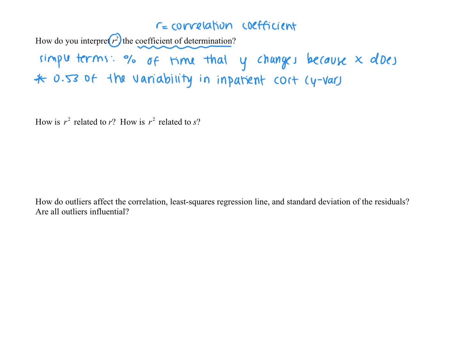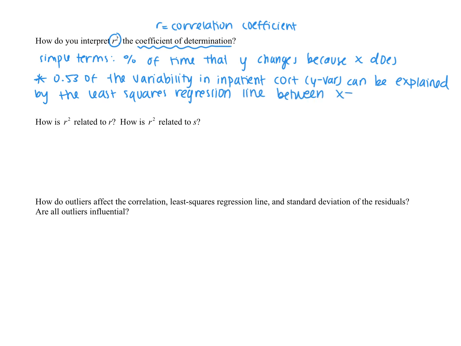So 0.53 of the variability in Y can be explained by the least squares regression line between X equals outpatient care and Y equals inpatient care.